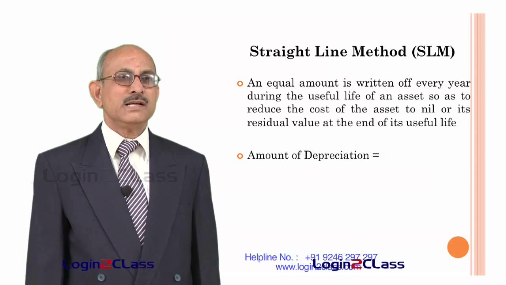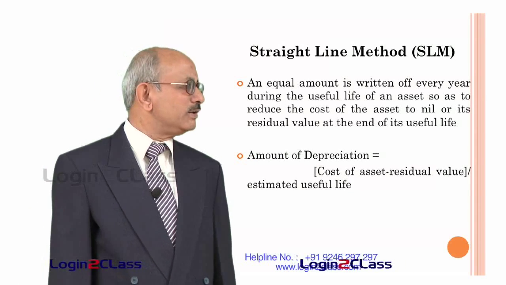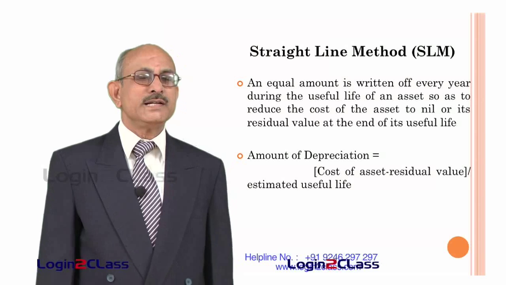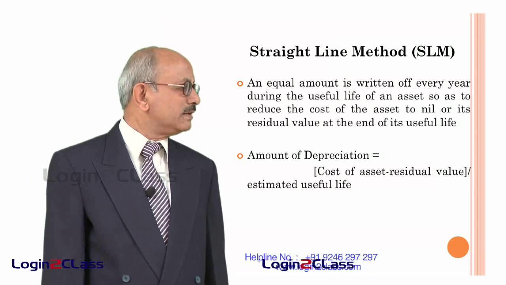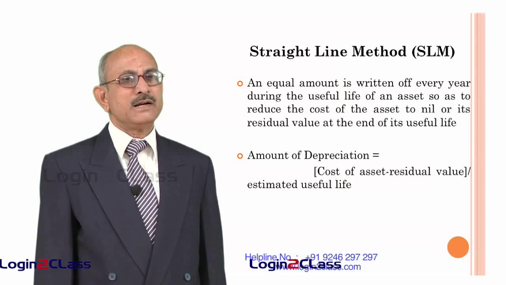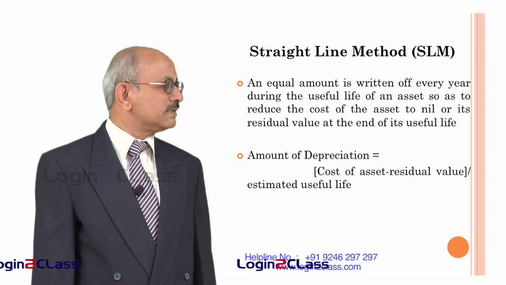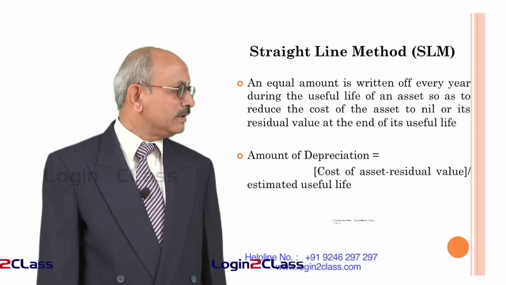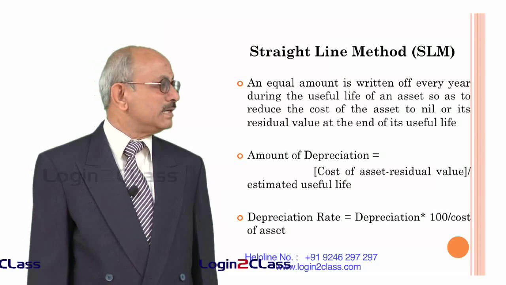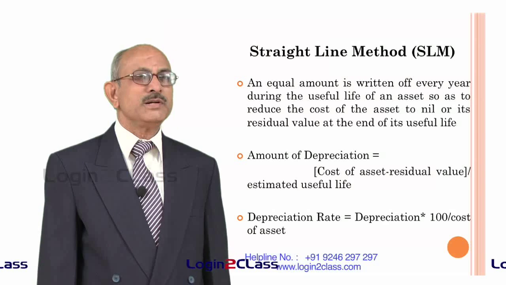That means the cost minus residual value has to be treated as depreciation during the entire useful life of the asset. Therefore, we calculate the amount of depreciation as cost of asset minus residual value divided by the estimated useful life. So the depreciation rate here becomes depreciation into 100 divided by cost of asset.